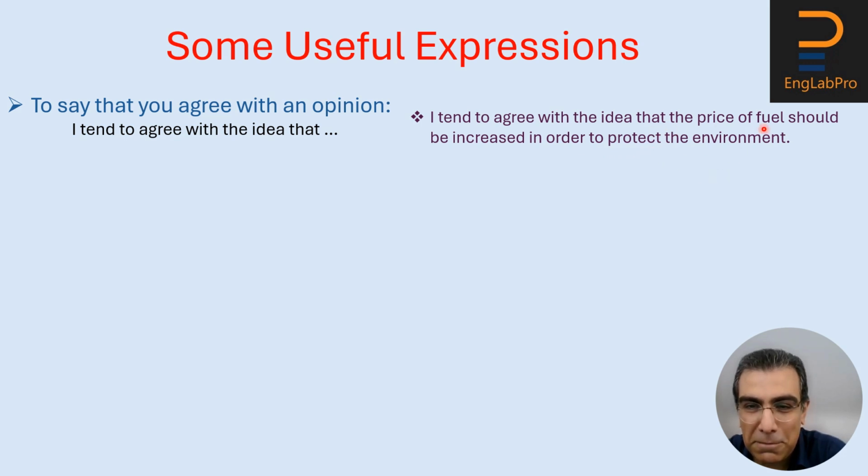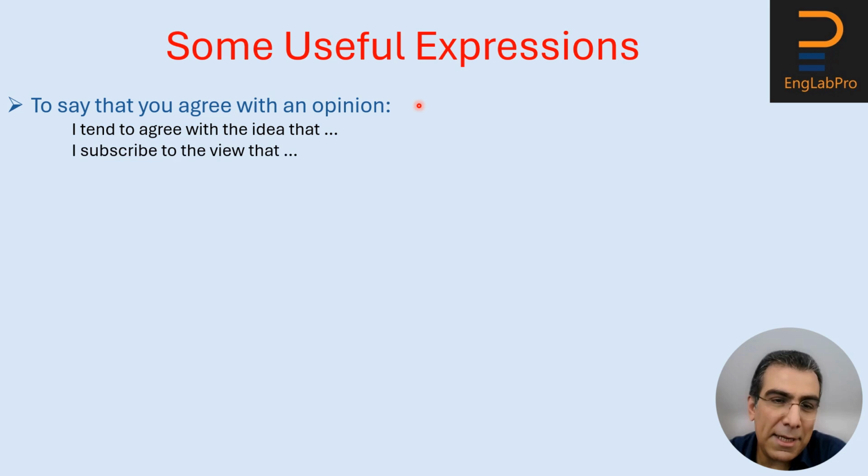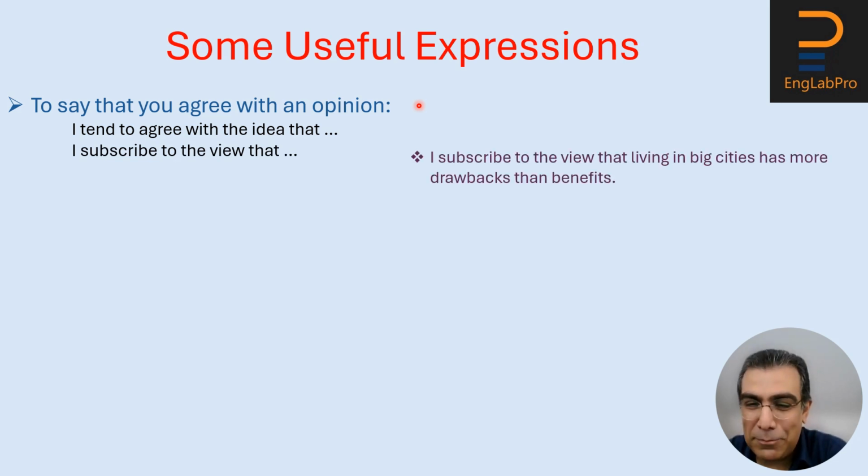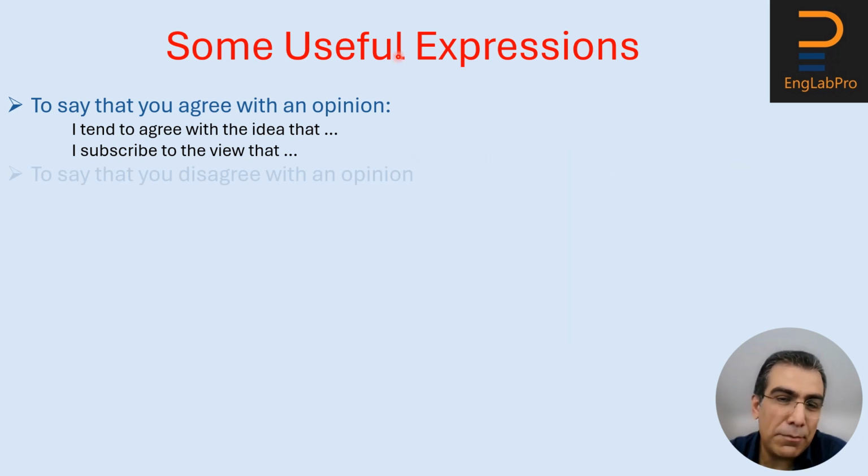You see, the price of fuel is the subject, should be increased is the verb, so there is a sentence after that. Or you can say, "I subscribe to the view that," means I agree with it. You can see this here. "I subscribe to the view that living in big cities has more drawbacks than benefits." Drawbacks means disadvantages and benefits means advantages.